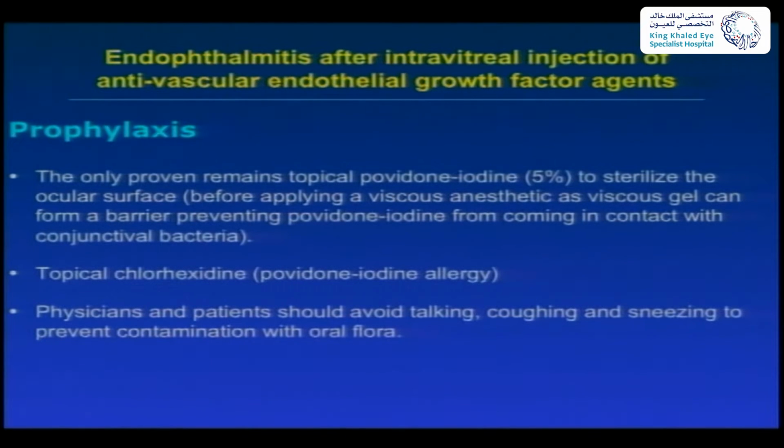And if you are using local anesthetic as a viscous gel, don't apply the anesthetic before the washing with povidone iodine, because the viscous anesthetic will prevent contact between povidone iodine and bacteria on the ocular surface, which, as I said, are coagulase negative staphylococci. Is that clear? For those patients who have povidone iodine allergy, you can use topical chlorhexidine.